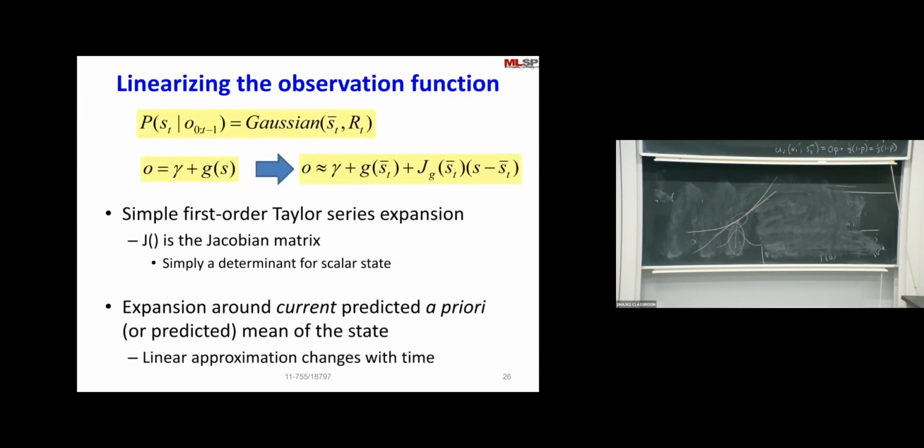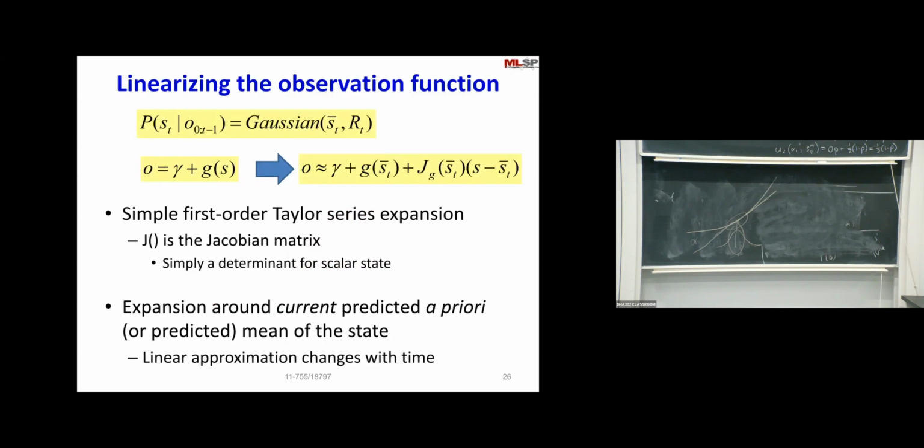Now, how do you linearize a function? Anybody? Taylor series, but these are vectors. So how do you linearize a vector function? You would use a Jacobian, right?